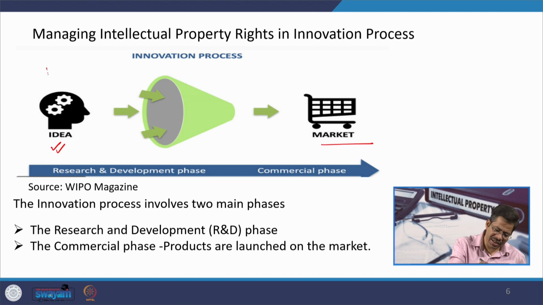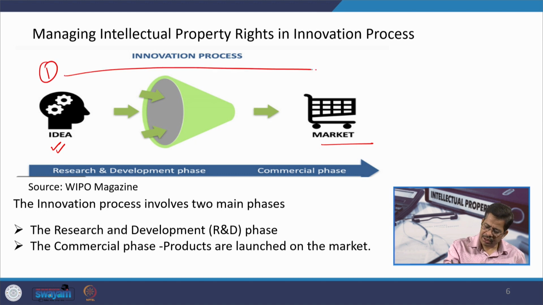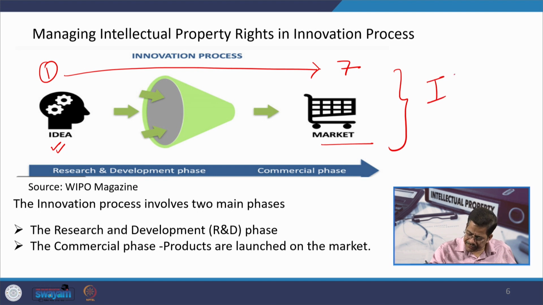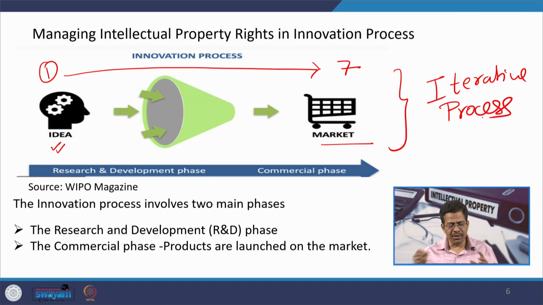So, this is my step 1, and here we are going to step 7. Though in this diagram it appears to be a very straight line diagram, that from idea to market it looks very straight line, but this is a lot of iterative process. It is not a straight line. There are continuously forward and backward movements in this 1 to 7 stages.